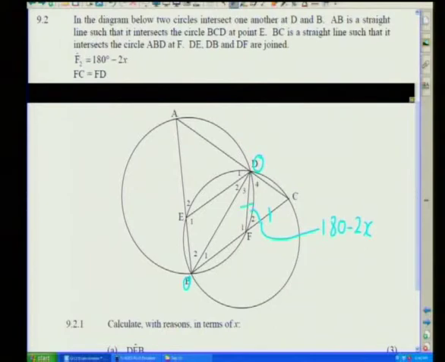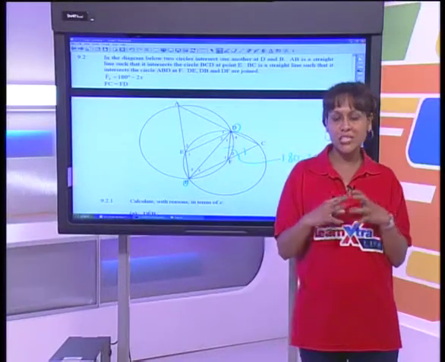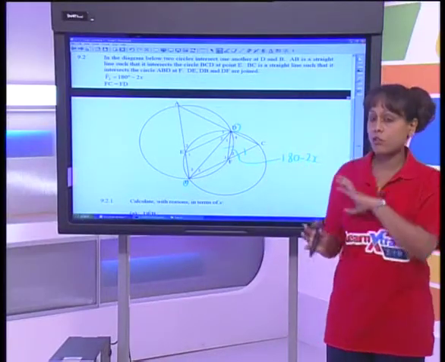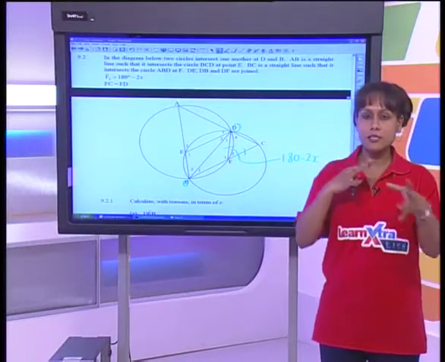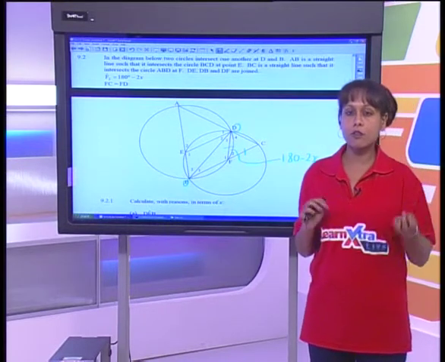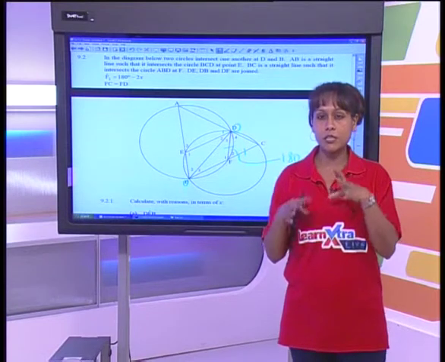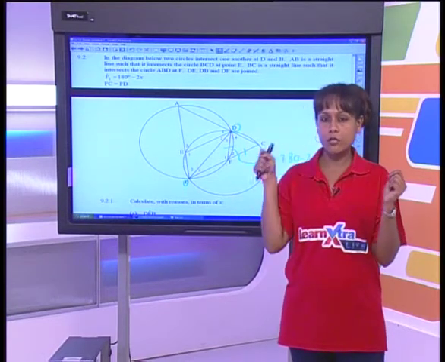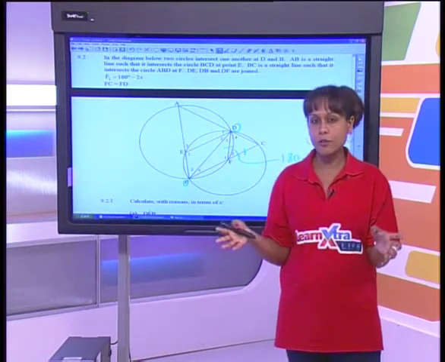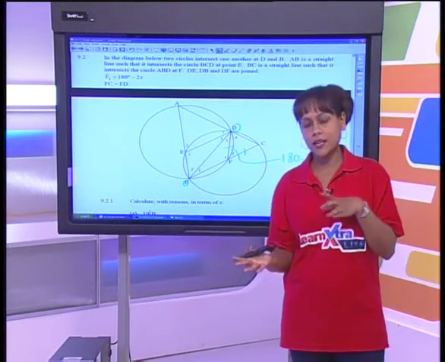All right. I always find it very, very useful to just look at the information that they've given you and try and decipher and write as many things as you possibly can on the diagram. Also, try to identify cyclic quads. Remember, cyclic quads have all 4 points on the circumference of the circle. So try and identify cyclic quads.